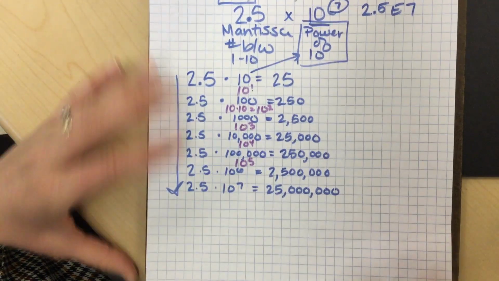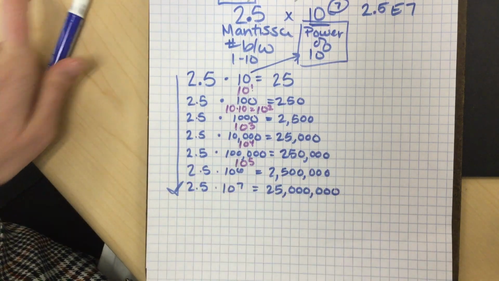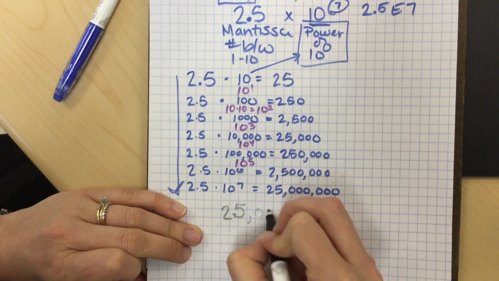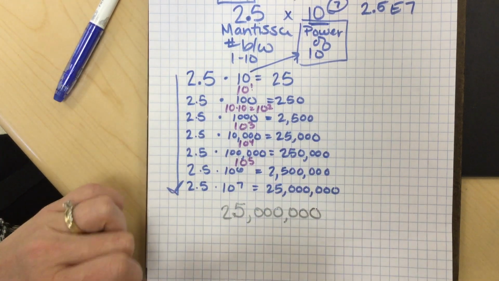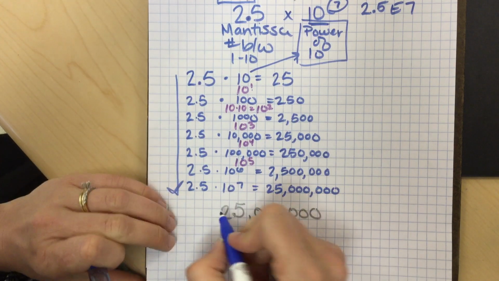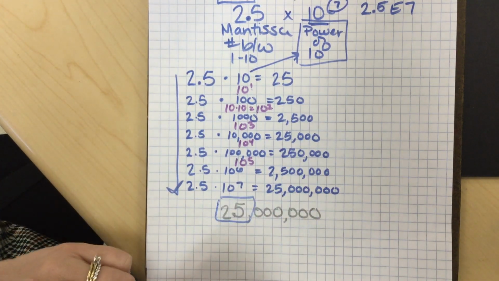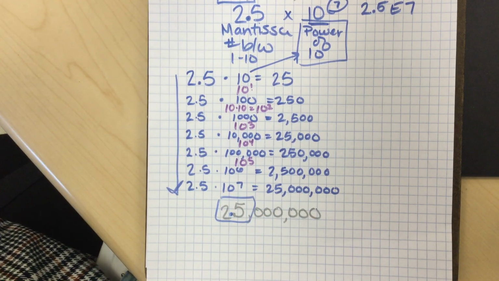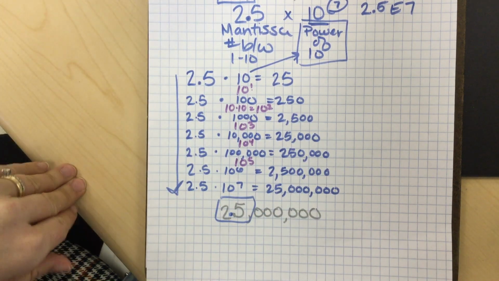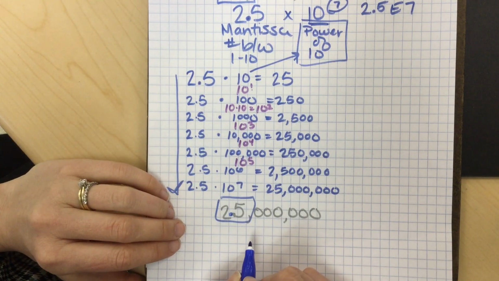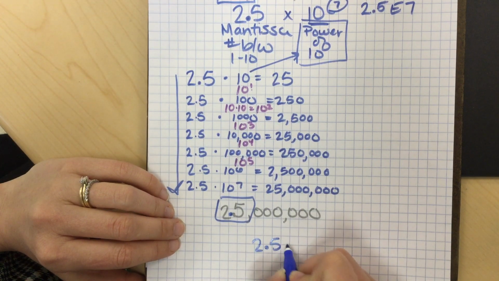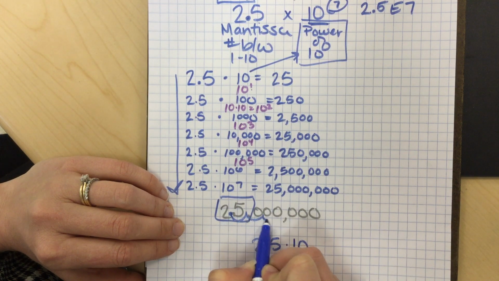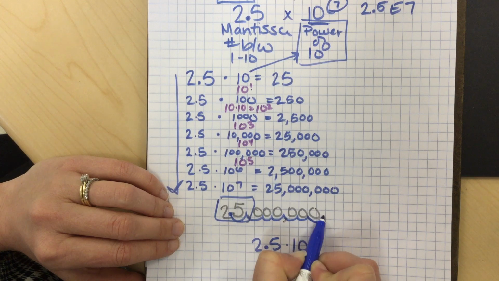You can go through all of these steps to do this, or you can take the number, we'll use 25 million again, and you can do it like this. You can take your first values there. Since this is just 25, I'm going to make this 2.5. In order to figure out what power of 10 I need to multiply the mantissa by, I'm going to count the place values. 1, 2, 3, 4, 5, 6, 7.